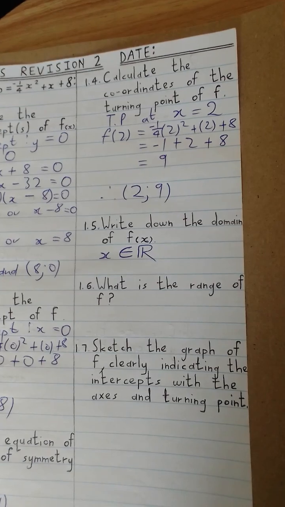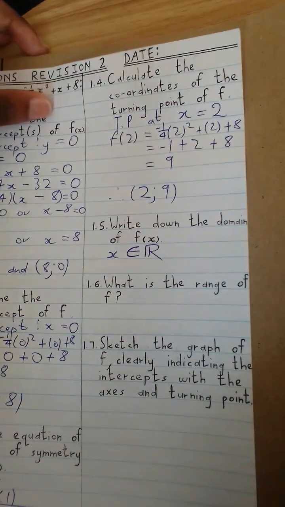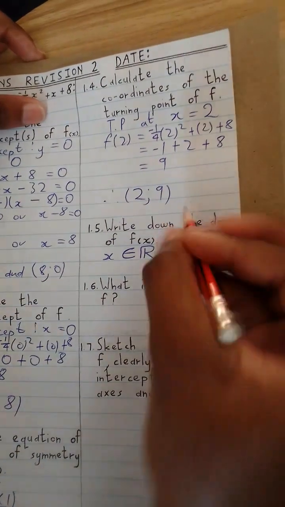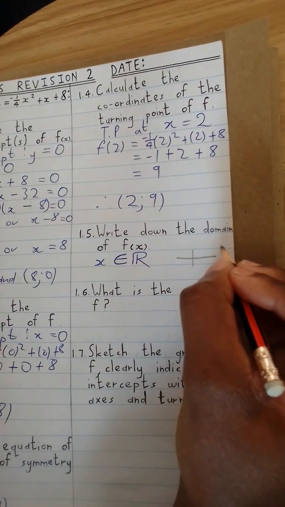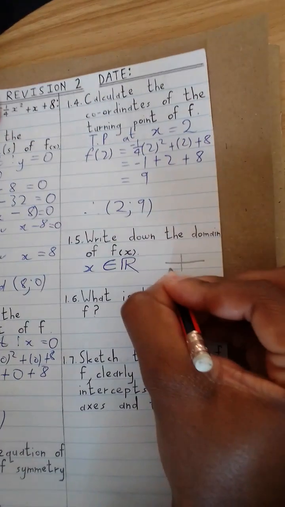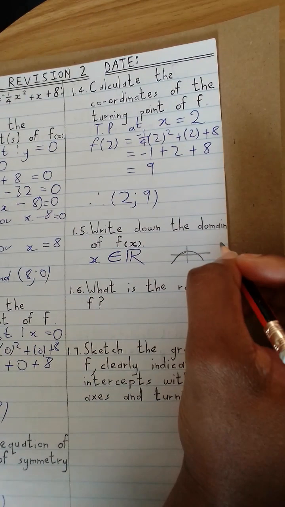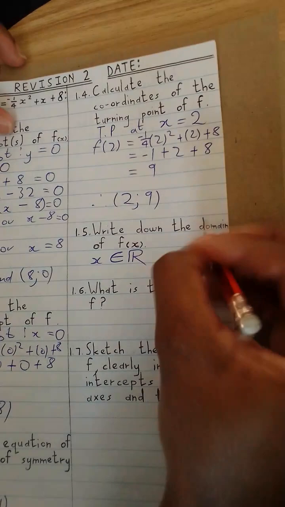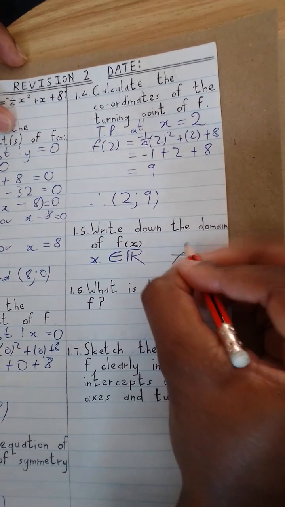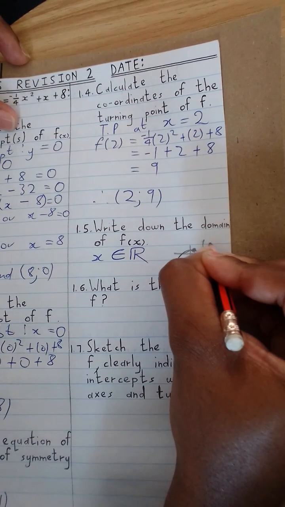Range, you know, the set of y values, right? So this is where we have to visualize. Okay, please stay with me. Your graph's a is negative, so your graph will be cap shaped or a frowning face, right? And then we know that at the turning point, we use the y coordinate of the turning point to determine the range.